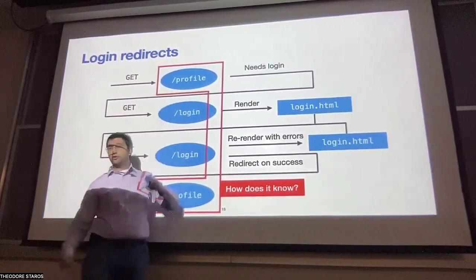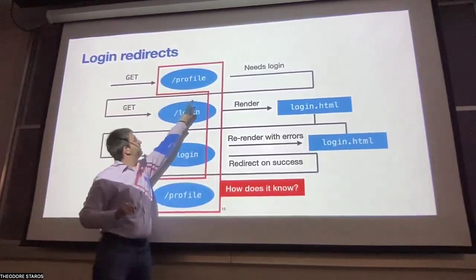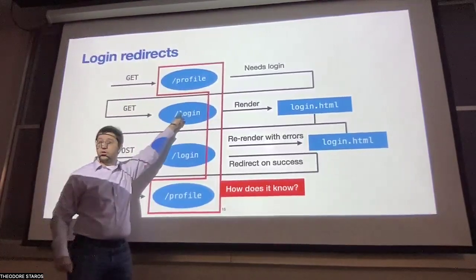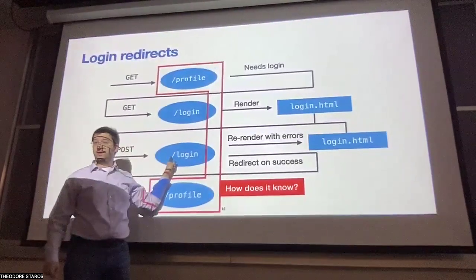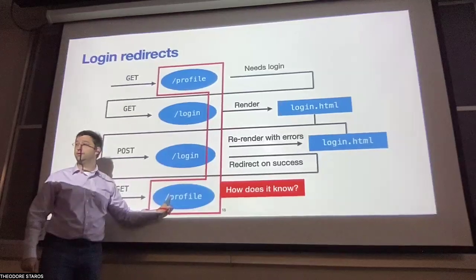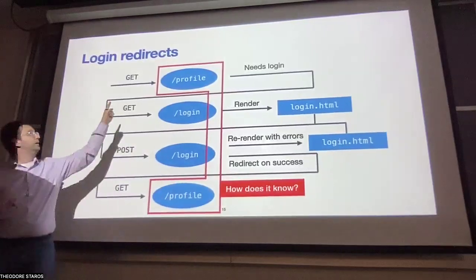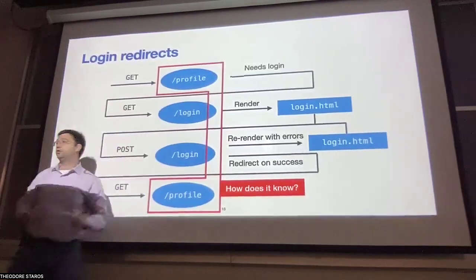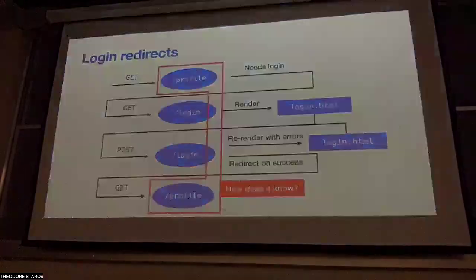Over here in this first request, we know the user wants the profile page. We need to know that as they go to the login page for the first time, and as they submit it, so that we can redirect them to the right place. So we need to pass this information that the user was looking at /profile across 2 separate steps. So let's talk about how we do that.